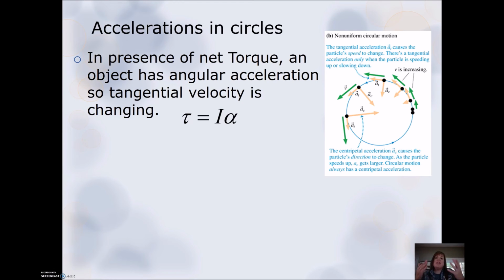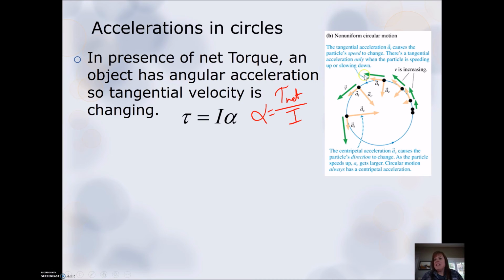But if there is a net torque, then my object is going to have acceleration, right? We said that the angular acceleration is equal to the net torque divided by the rotational inertia. And so if I have a net torque, my object's going to speed up or it's going to slow down. So its angular velocity, its tangential velocity is going to change.